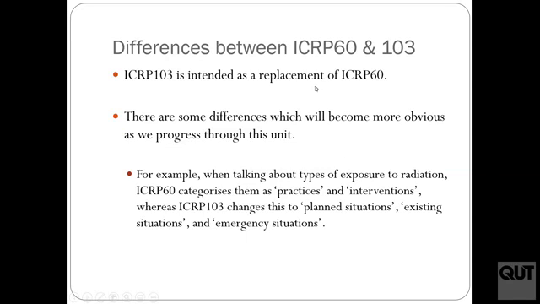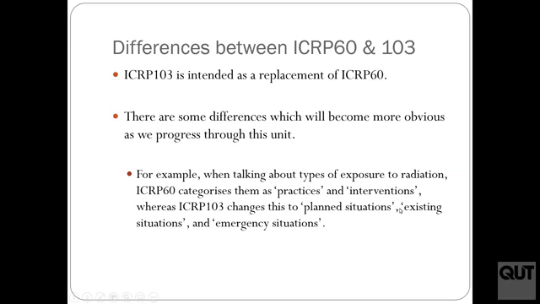So ICRP 103 is a replacement of ICRP 60, and it's pretty much fully replaced nowadays. There are some differences which will become obvious as we go through. For example, ICRP 60 talks about practices and interventions, whereas ICRP 103 goes to planned situations, existing situations, and emergency situations.